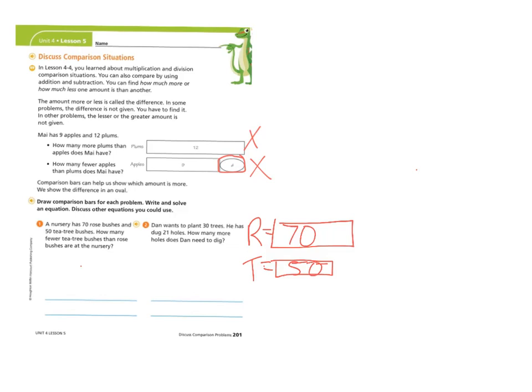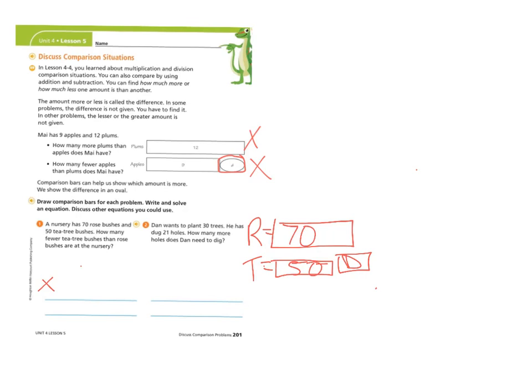Okay, so there's our comparison bars. That's what it wants us to show. Maybe down here, like on the first line, you can draw the comparison bars. This part right here is the unknown. You can put any letter in there to represent the unknown, or that's the difference. So D for difference, or X, or whatever letter you want to put is fine.